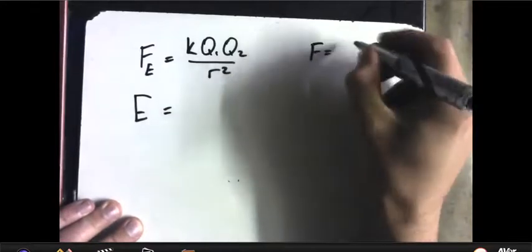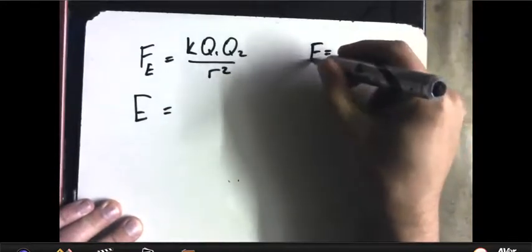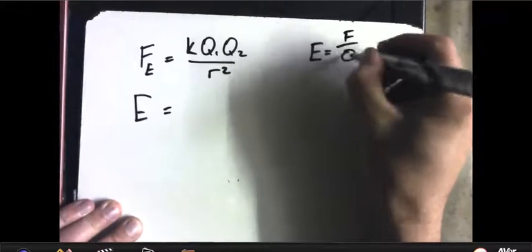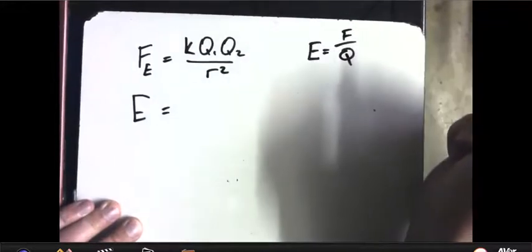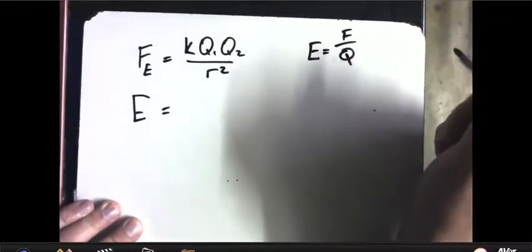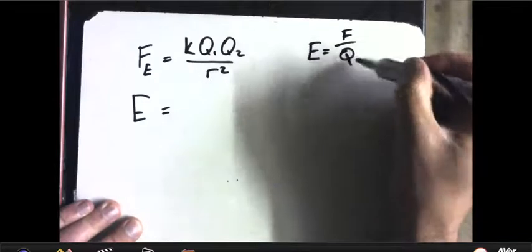The next concept that we're going to look at is called the electric field strength. The formula for electric field strength is E equals F over Q, in newtons per coulomb.